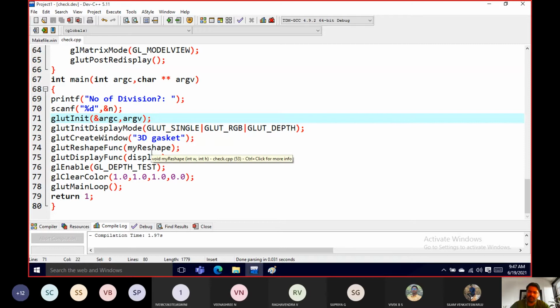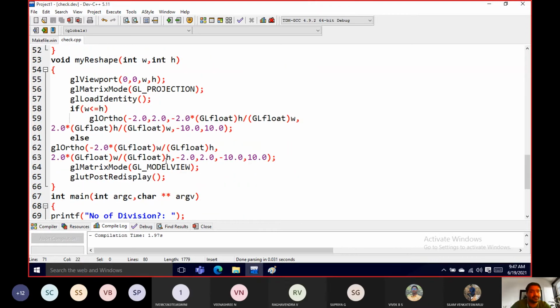Next, we have a function called myReshape. Why we go for myReshape is, as you all know, whenever I change the window size, it should be automatically adjusted to the window or the viewport. That's why we use the myReshape function.